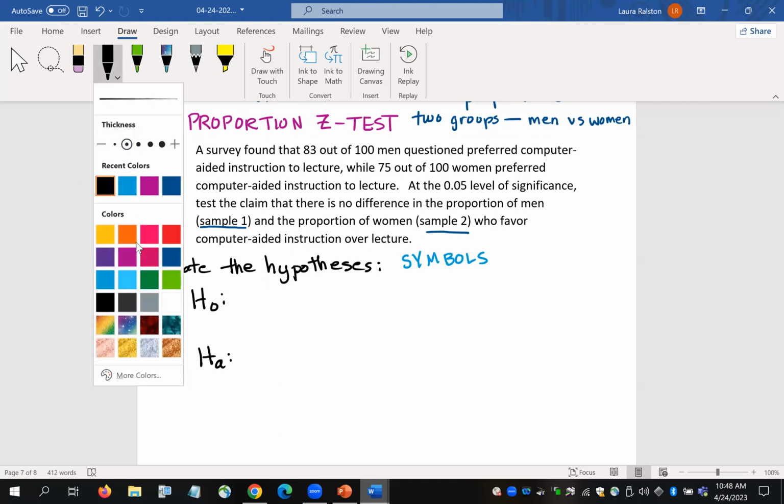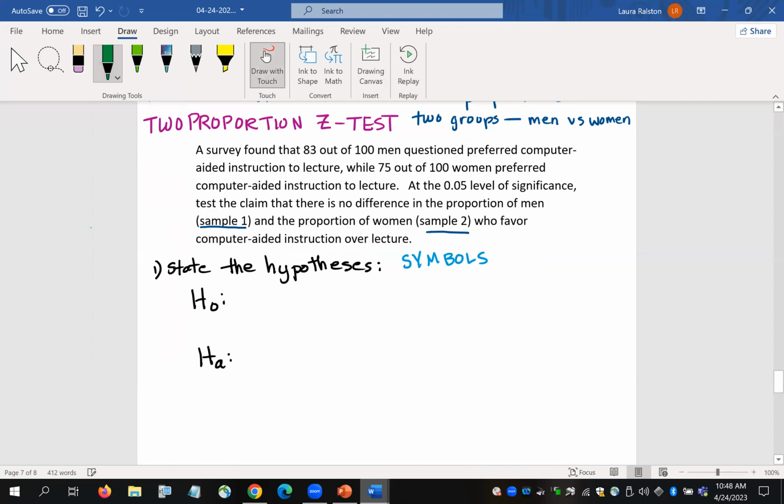So if I go back and look at my paragraph, it says, test the claim, there's my keyword, that there is no difference in the proportion. See, there's the word proportion of men and the proportion of women.